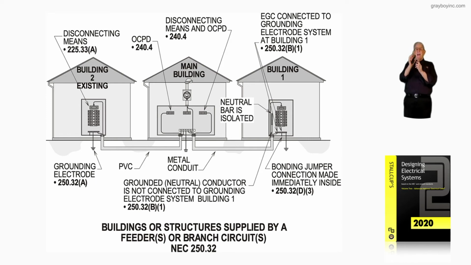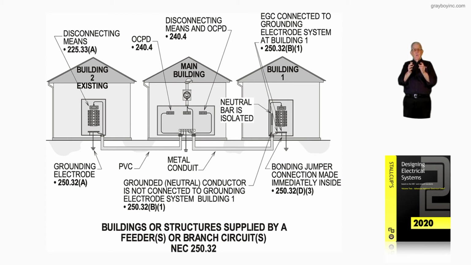You're sizing that neutral by 220.61. You're sizing the grounding electrode conductor per table 250.66. So the only table that's left out here for building 1 would be table 250.102(C)(1), but it would be applied if there's no overcurrent device ahead of the conductor supplying the main building. So we have to keep that in mind.